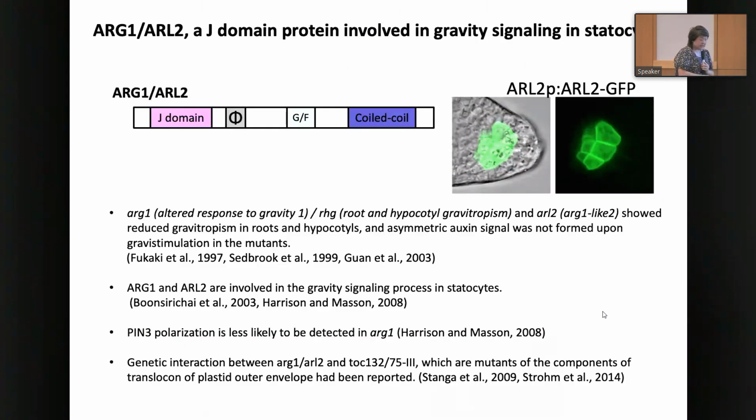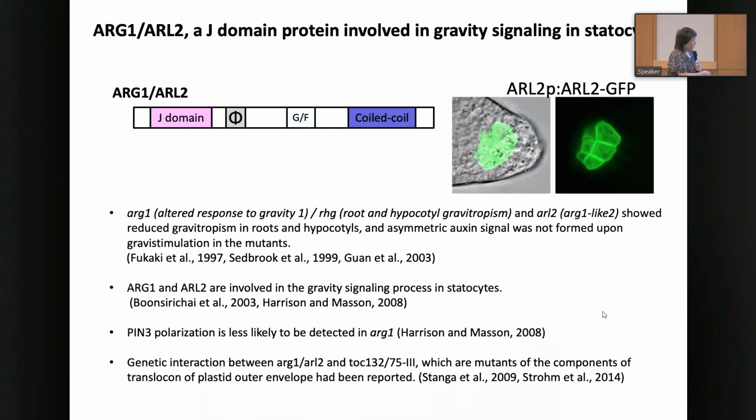So we investigated the relationship between ARG1 and ARL2 and LZY localization. Patrick Masson's group in Wisconsin-Madison demonstrated that ARG1 and ARL2, encoding J-domain proteins, are involved in the gravity signaling process in statocytes, in root and hypocotyl.